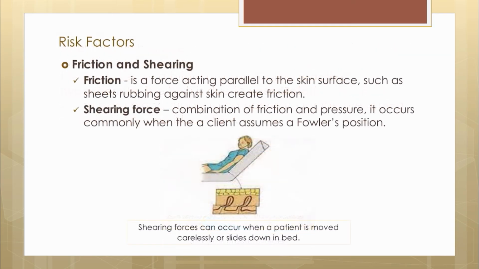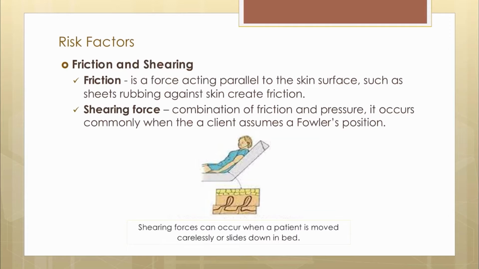Risk factors, friction and shearing. Two other factors frequently act in conjunction with pressure to produce pressure ulcers. First, friction. Friction is a force acting parallel to the skin surface, such as sheets rubbing against skin. Friction can abrade the skin, that is, remove the superficial layers, making it more prone to break down.